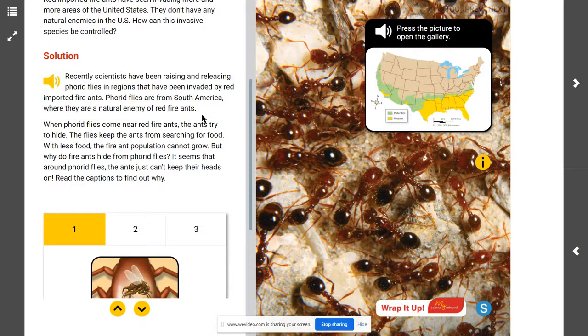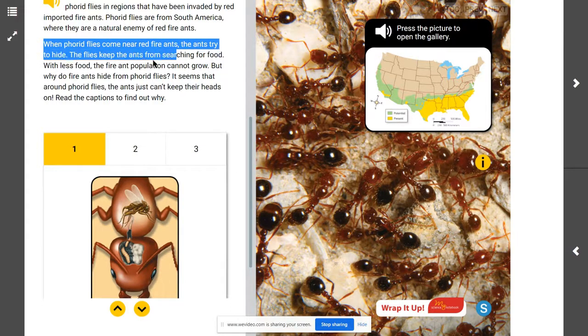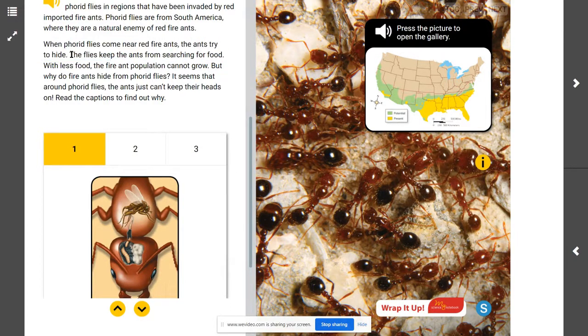Okay, this is where things get a little bit creepy, crazy, and a little bit bonkers. When phorid flies come near red fire ants, the ants try to hide. The flies keep the ants from searching for food. With less food, the fire ant population cannot grow.